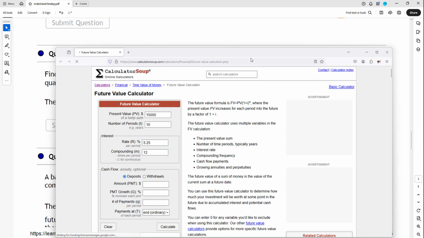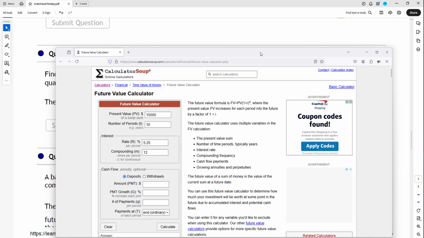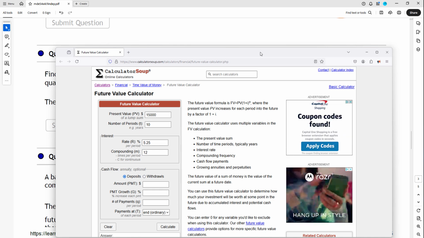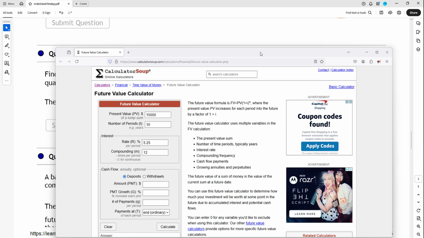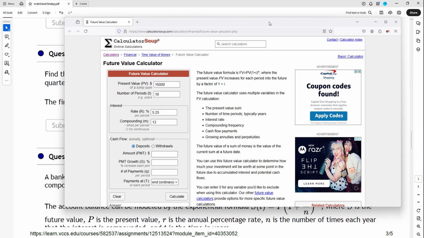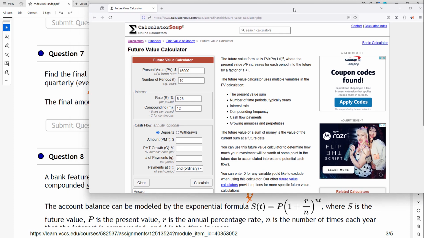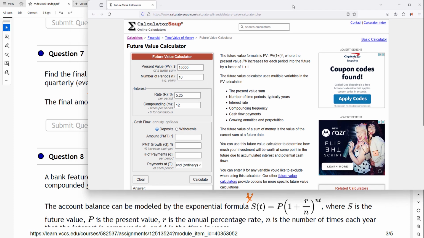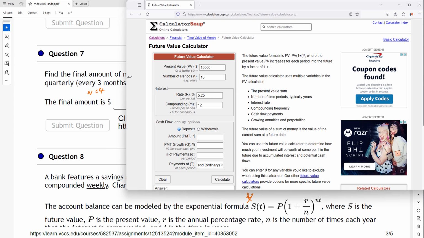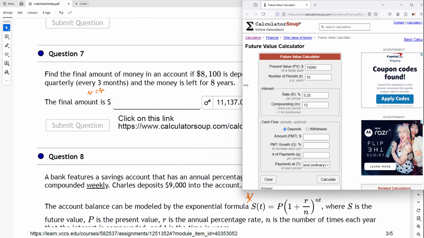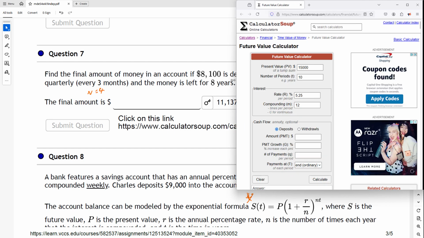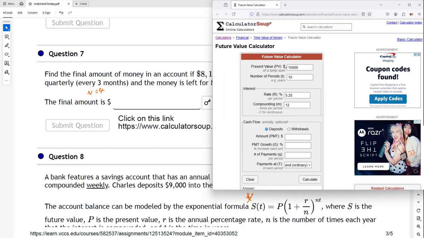Take you to this calculator. So it's deposited now. So the present value is $8,100.